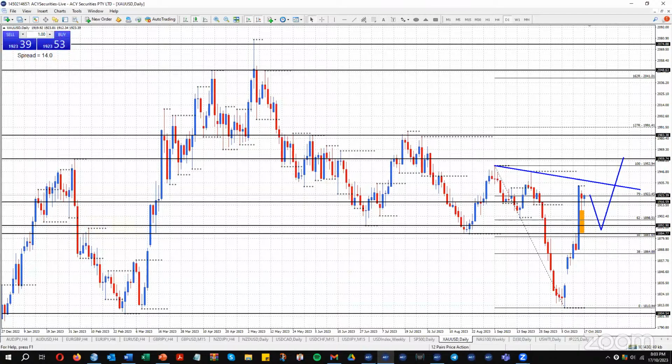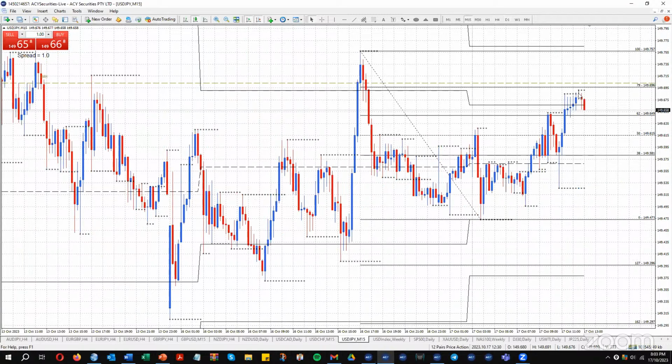Well, you have to decide what your perspective is. For me, 150 is the ceiling. So I would look to try to formulate a rally point using a fib. Whereas if you think we're going to 155, so if you move back to dollar yen, as I'm talking, it's starting to sell off just ahead of that level.